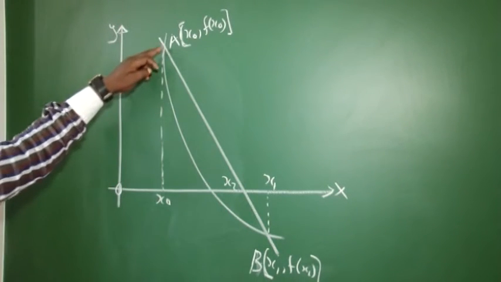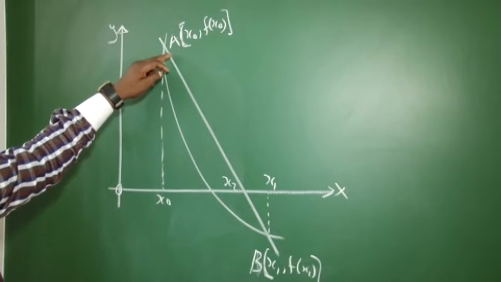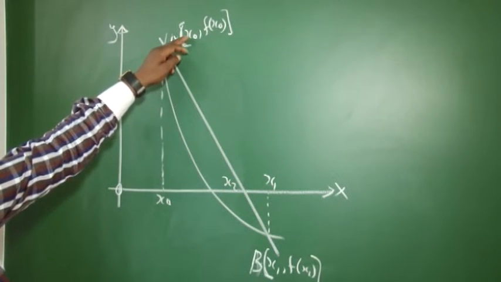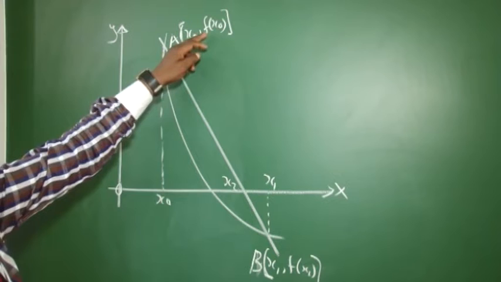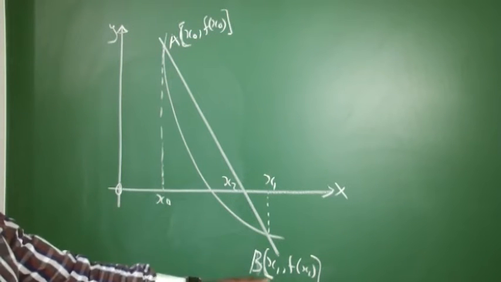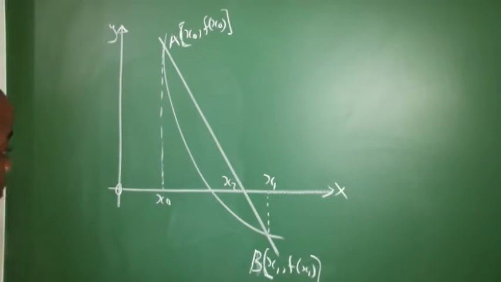So the first point is A. It has coordinates x subscript 0, f of x subscript 0, and here is x1, f of x1.